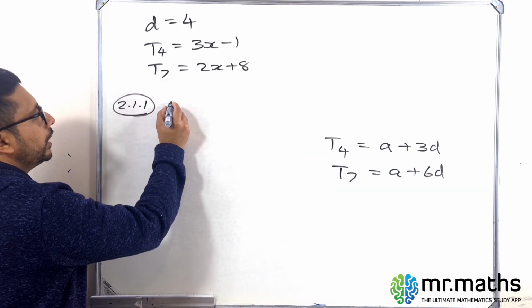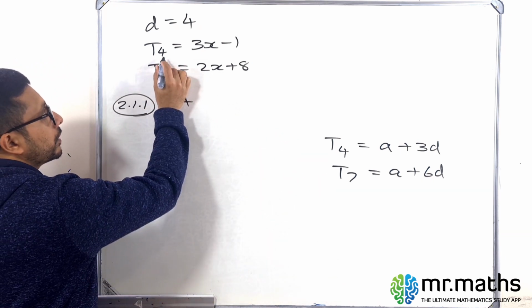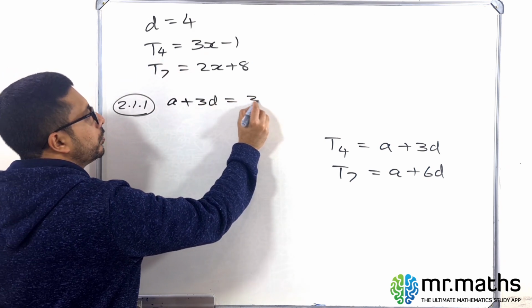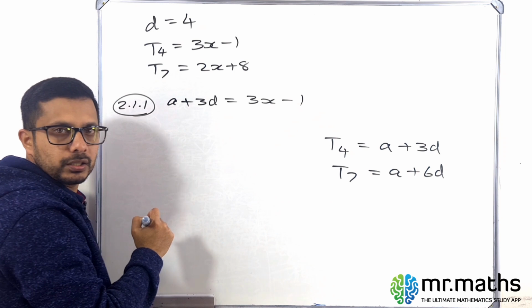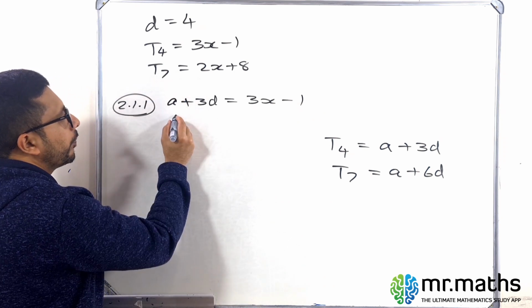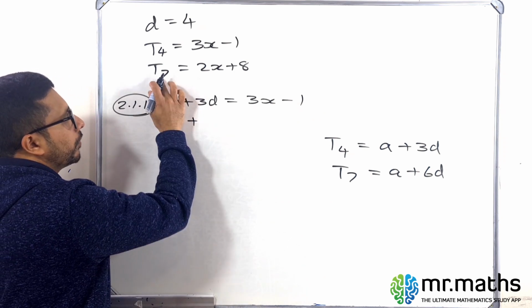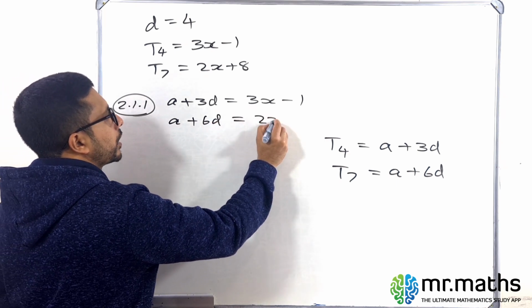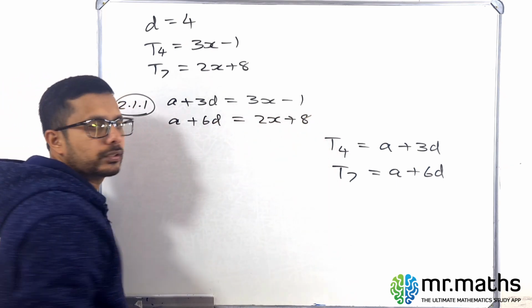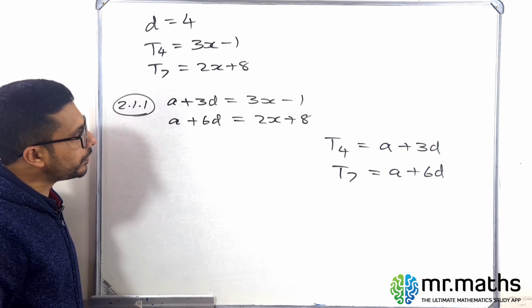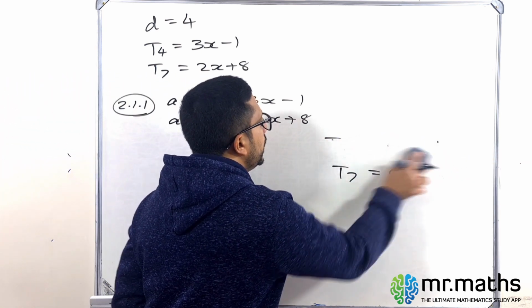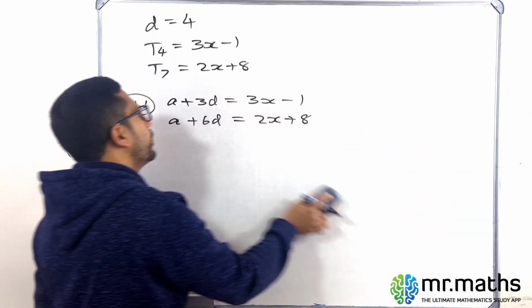So a plus 3d is equal to 3x minus 1, and the seventh term, a plus 6d, is 2x plus 8. You understand? Now we have to simplify this one, guys.